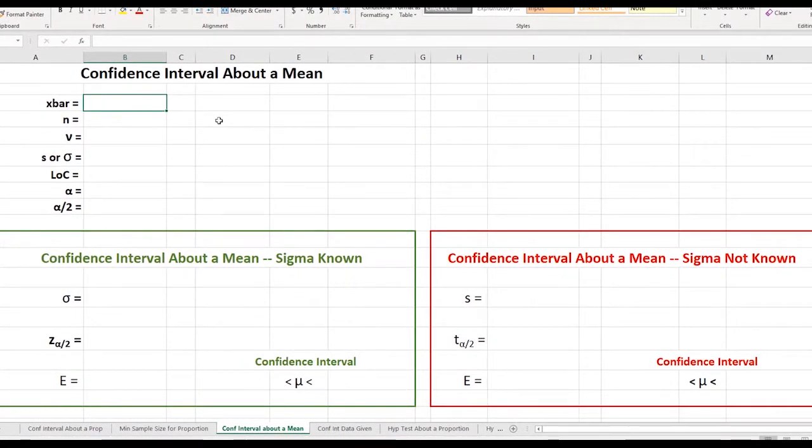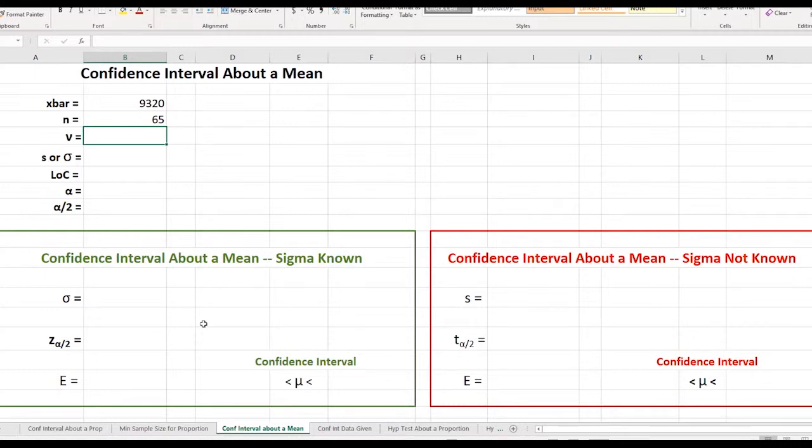Here I have the spreadsheet set up. We have x bar equals 9,320. n is equal to 65. For this value, nu, which we don't need for this particular problem, we'll put it there just to make it more user-friendly so that we can use this for either if sigma is known or sigma is not known. As you can see, I have this whole panel right here.